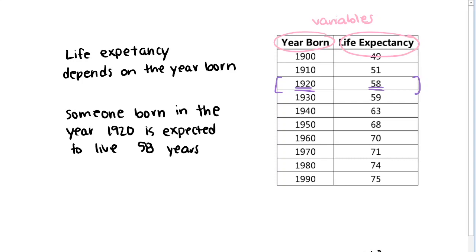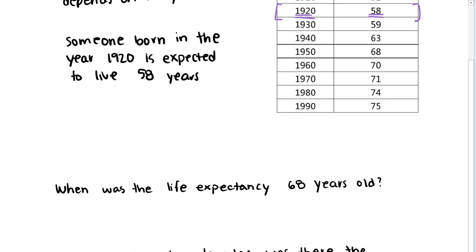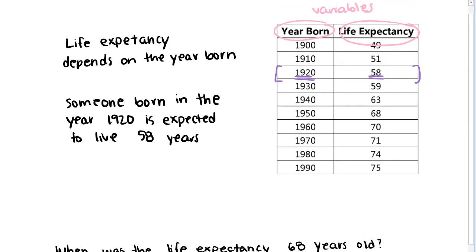And so maybe let's get a little bit more practice reading this table. Here I have the question, when was the life expectancy 68 years? So if we look back at this table, and I encourage you to pause for a moment and think about how you would read this table. But here we're trying to make sense of when the life expectancy was 68 years.